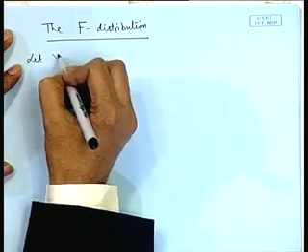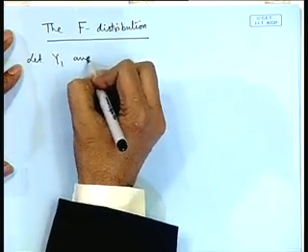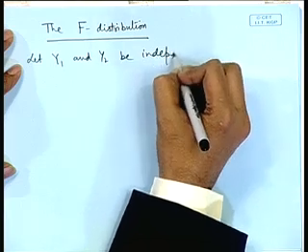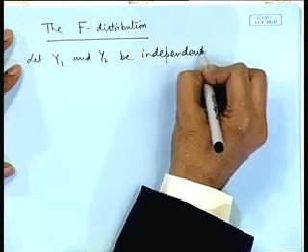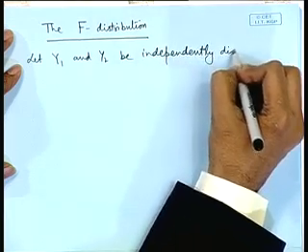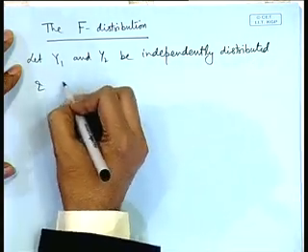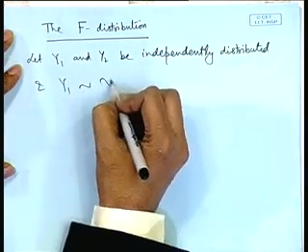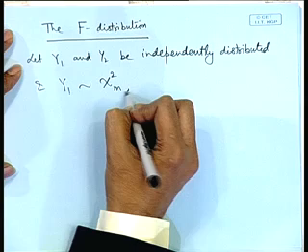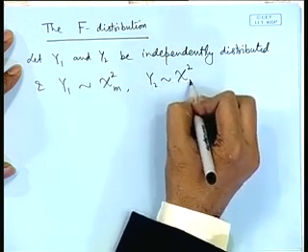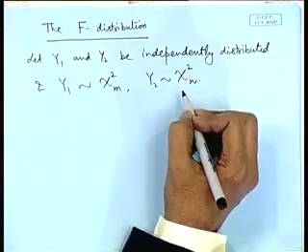Let y1 and y2 be independently distributed random variables, and y1 follows say a chi-square distribution on m degrees of freedom, and y2 follows say a chi-square distribution on n degrees of freedom.